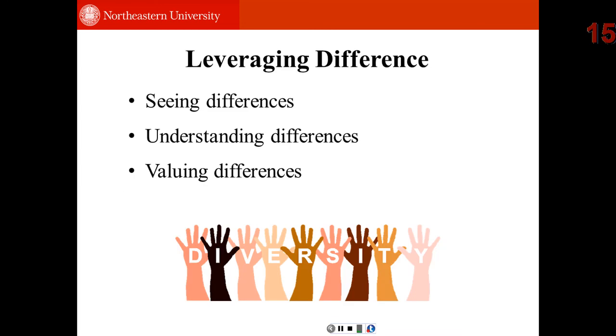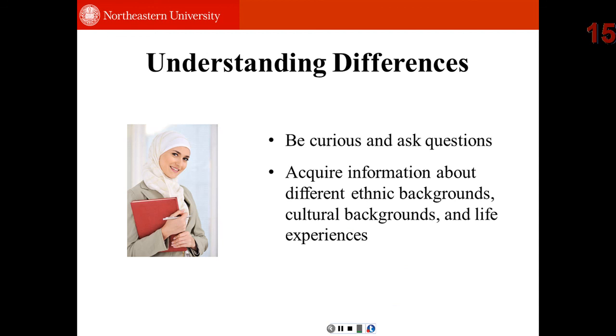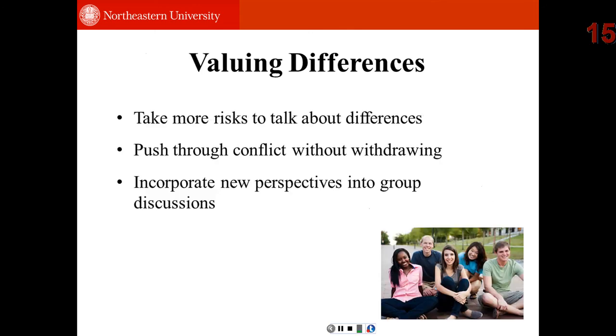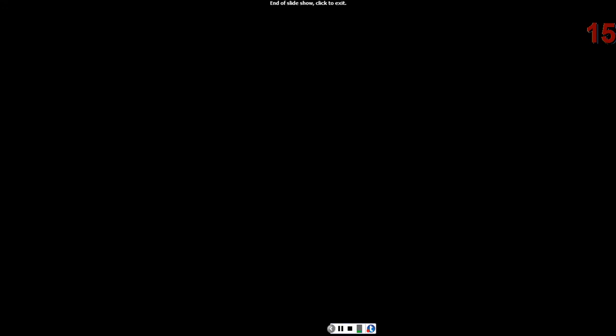Leveraging diversity, you can look through that slide, seeing differences, understanding differences. I think being curious and asking questions is so important. Not just making assumptions, but asking genuine questions about something you don't know or just don't understand. Valuing differences, practice considerate leadership, what that looks like.